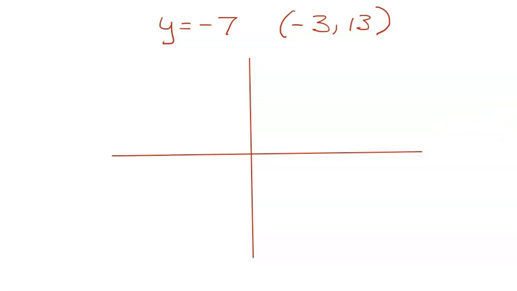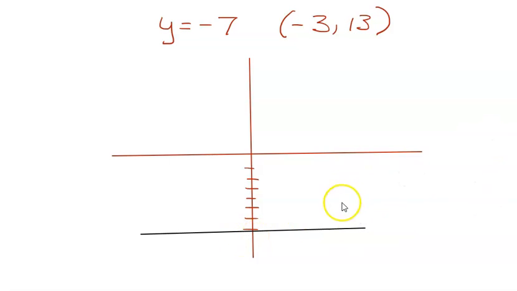So there's our equation and there's our graph, and it's going to be a horizontal line going through 3, 4, 5, 6, 7. And I'll even change colors for this. And that should be at 7 here.